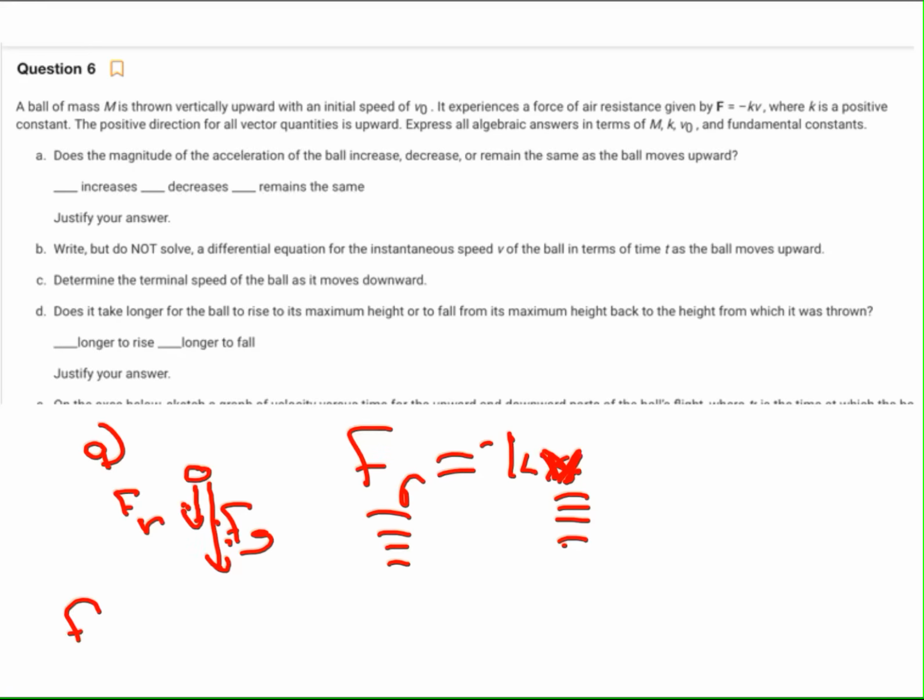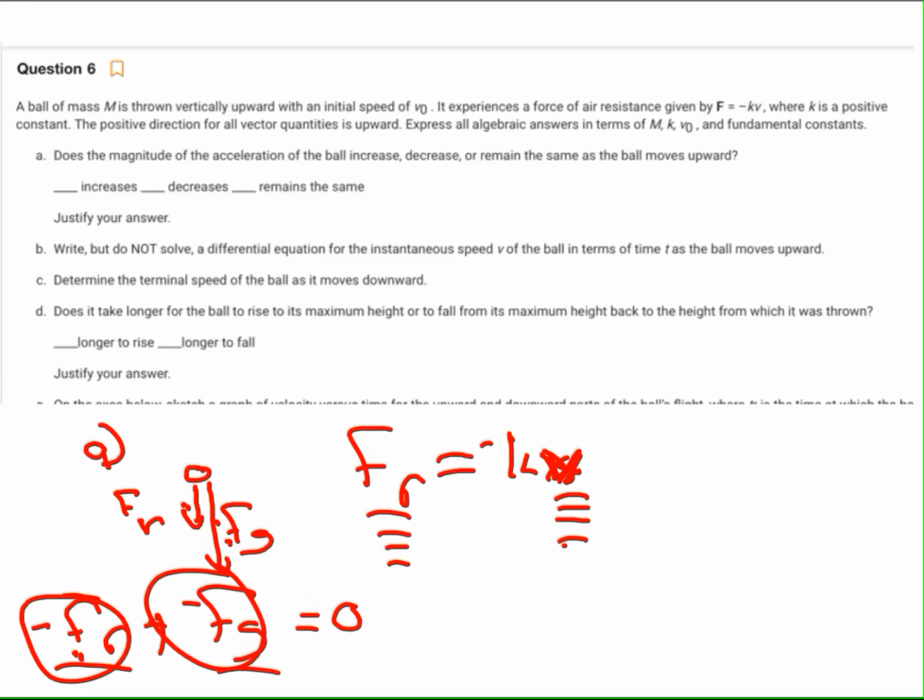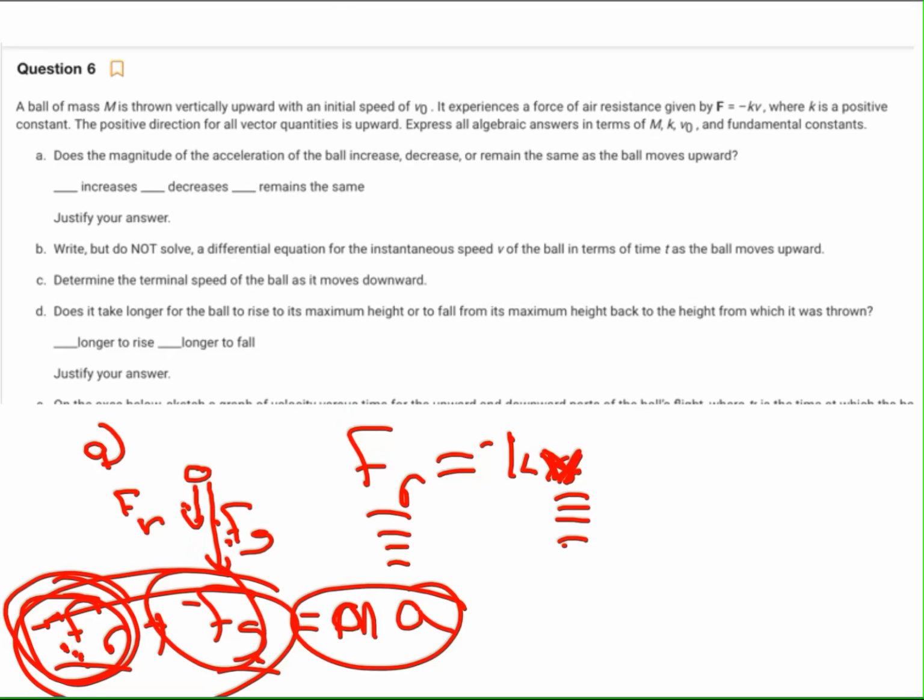So, if my net force is negative Fr plus negative Fg, both of them are acting downwards. This one's not changing, but this one is getting smaller. It's equal to ma. So, if both of these are acting downwards, but this guy's getting smaller, the net is getting smaller.